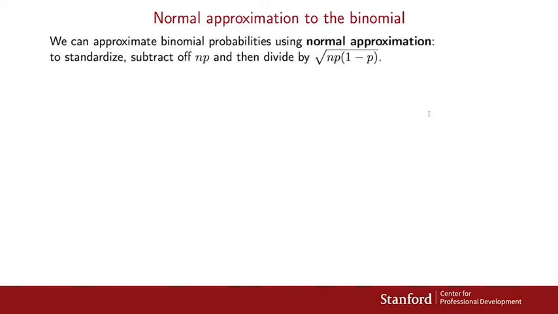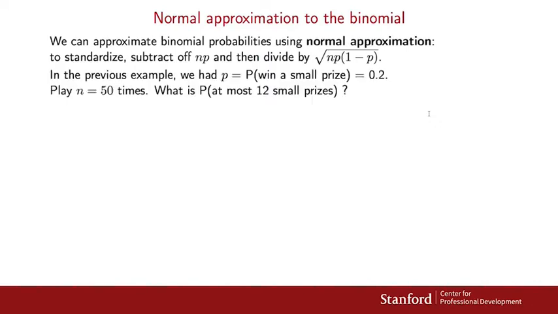Let's look at an example of how to do that. A few slides ago, we were playing the online game where the probability of winning a small prize was 0.2. Now let's say we play this game 50 times. What is the probability of getting at most 12 small prizes? We already know that this is the binomial setting, so we could use binomial probabilities.